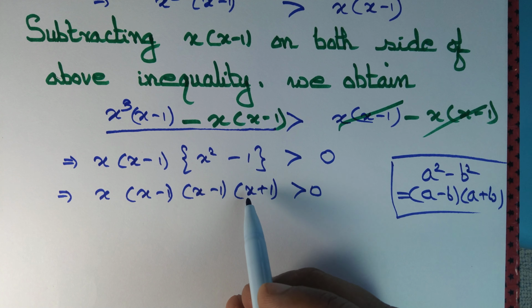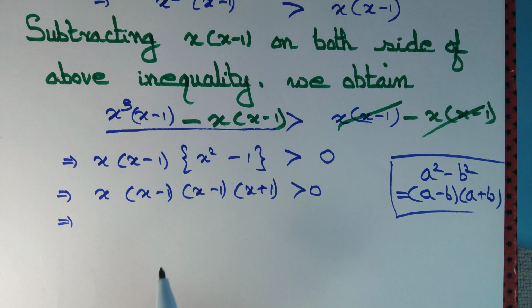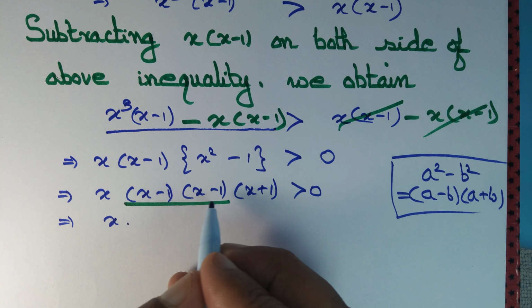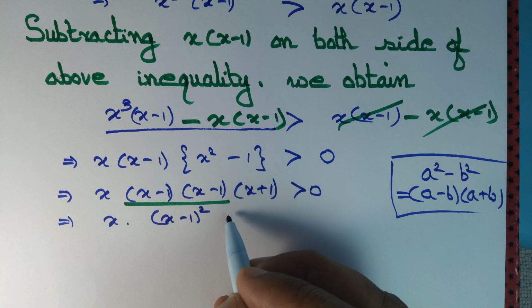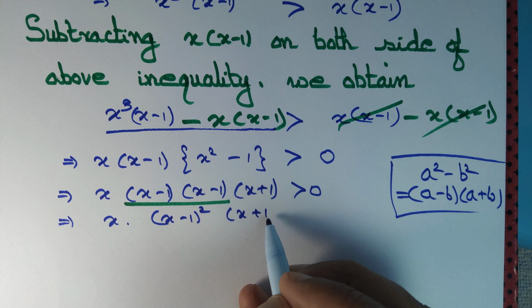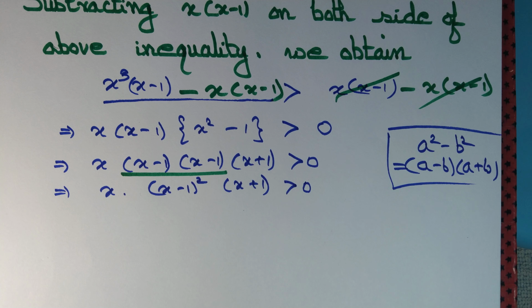So x minus 1 into x plus 1. Oh, x minus 1 occurs twice. That is the same as saying x minus 1 whole square into x plus 1, we copy as it is, is greater than 0.